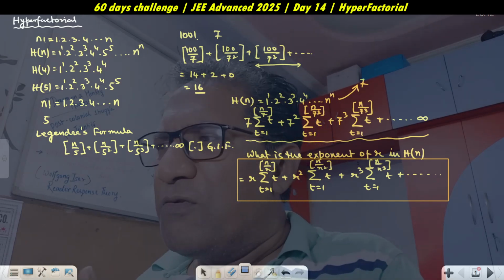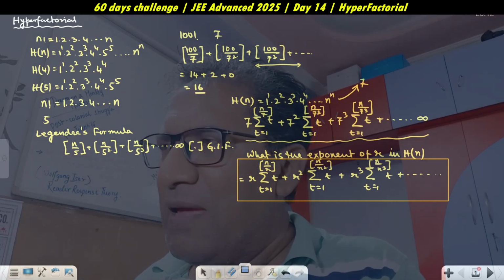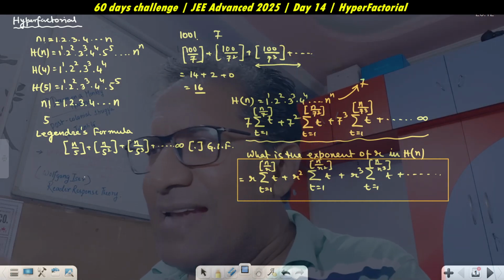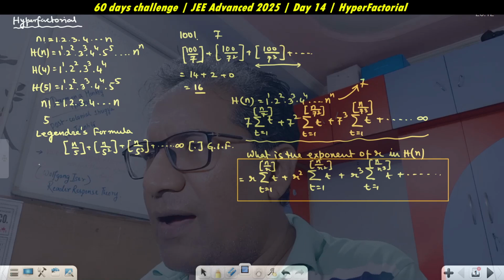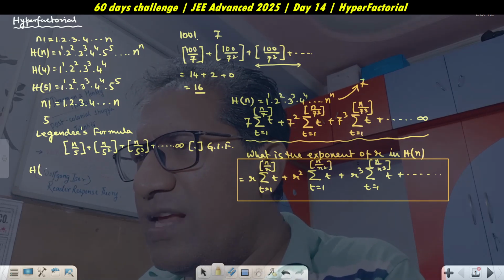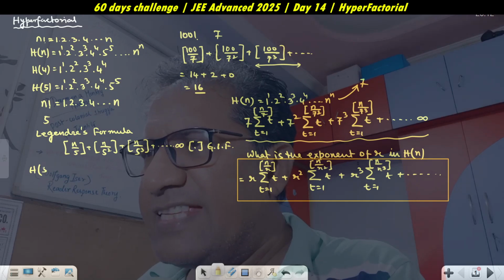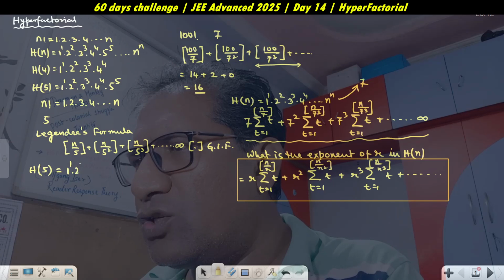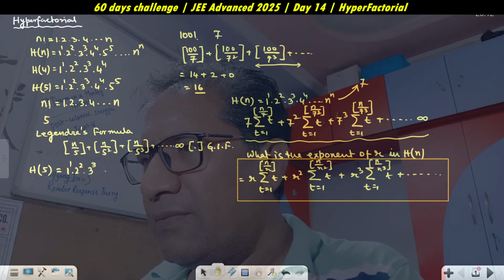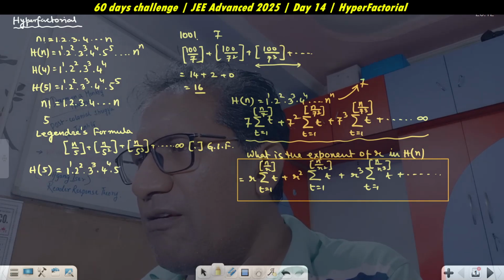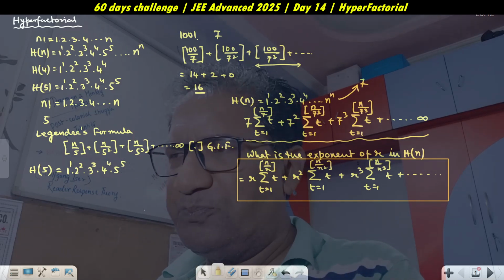Now we can verify this formula by using a very simple example. Let us say, what is hyperfactorial for, say, 5? It is basically 1, 2 square, 3 cube, 4 to the power 4, 5 to the power 5, right?